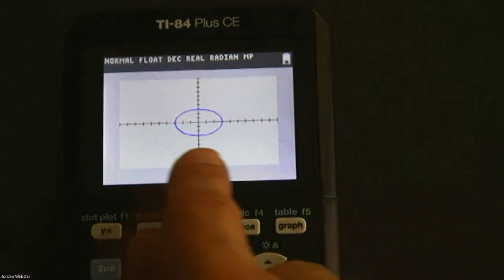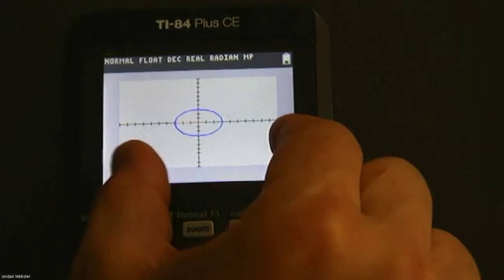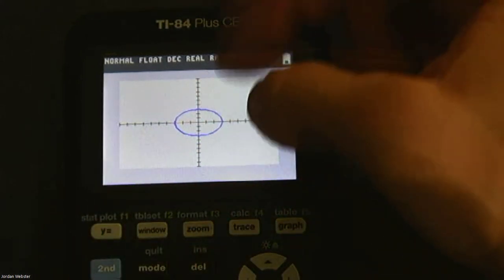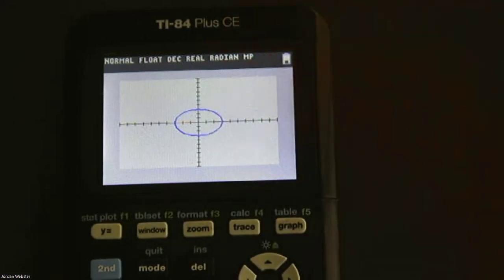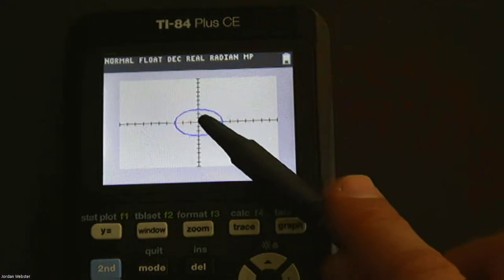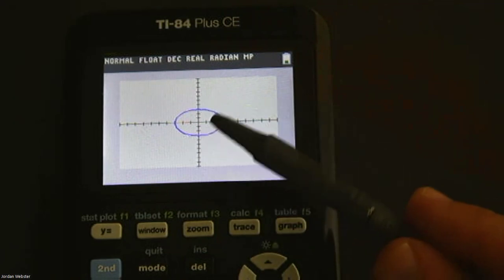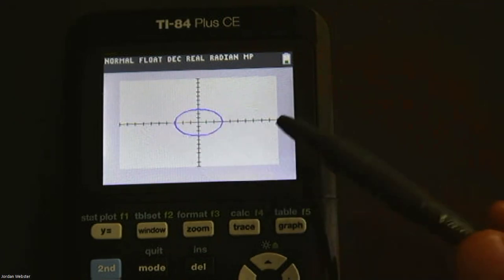Then it might not look perfectly circular because on my screen each unit in the X direction is a little bit wider than each unit in the Y direction. So because of that, this maybe doesn't look like a perfect circle, but it is. If you notice, we've gone up 3 units, down 3 units, right 3 units, left 3 units.